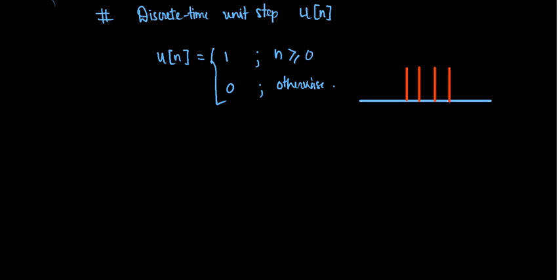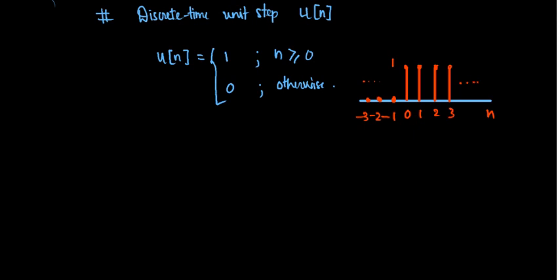It's exactly 0 at the other points, not undefined. This is 0, 1, 2, 3 and so on, and minus 1, minus 2, minus 3 and so on. You got it? This has a close analogy with the continuous time unit step signal.